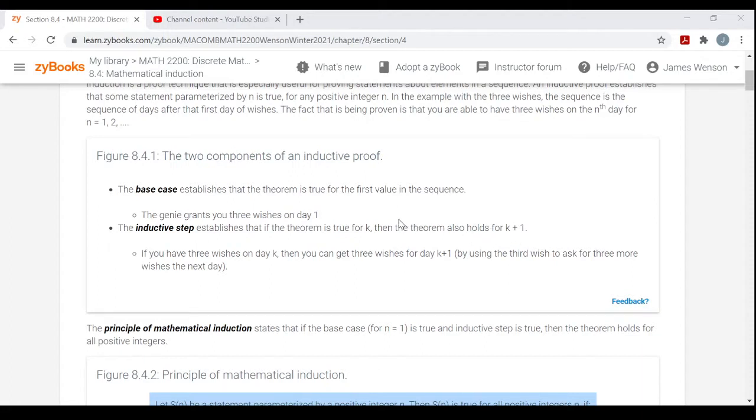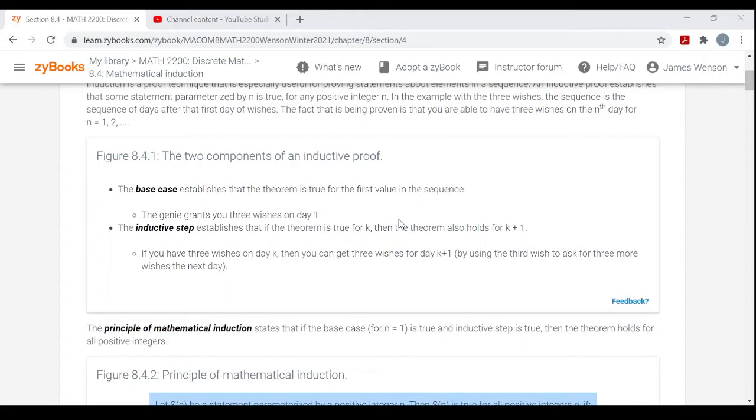So we're going to have a statement about integers, typically again the positive integers. Most of the statements in this section, because it's an introduction, will be about the positive integers. And if we want to prove that a statement is true for all positive integers, we need to show first that it's true for when n is 1.